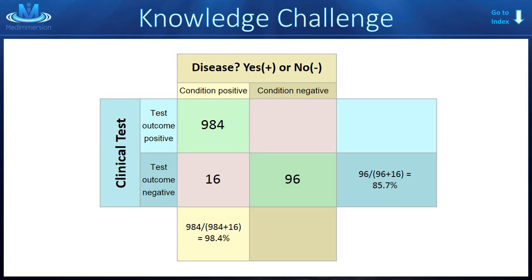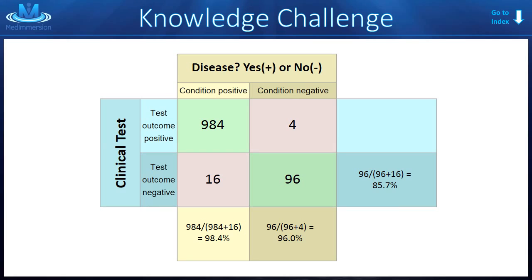Okay, so now here's the last number. Now tell me what the specificity is. And while you're at it, what the positive predictive value is. Remember, the specificity is the ability of a test to indicate no disease when in fact no disease is present. So that would be 96 divided by 100, or 96%.